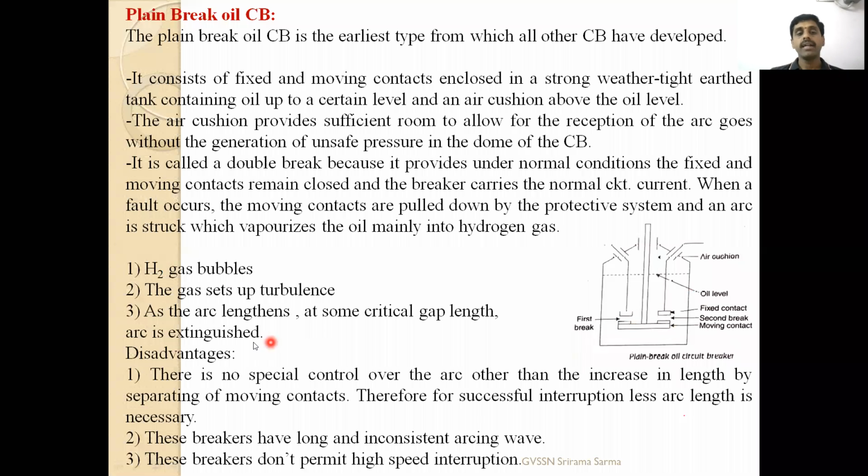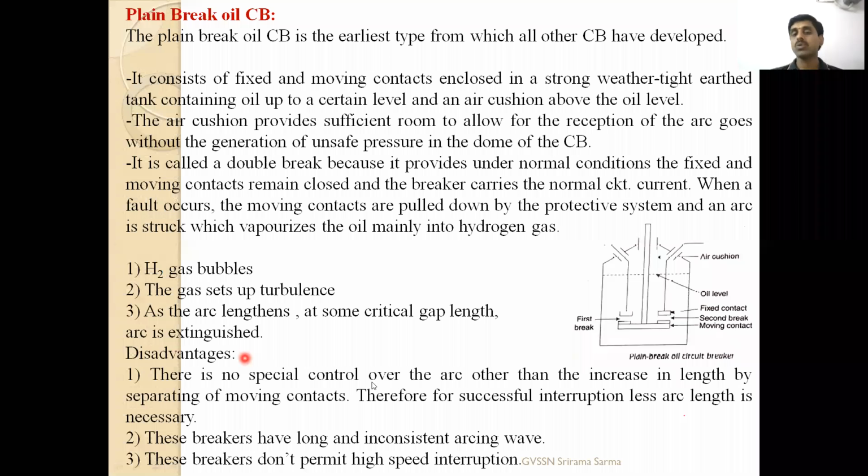As the contact moves, the arc path increases and the gap increases. Intentionally the gap is increased so that the arc is lengthened, the arc path resistance is increased, and the arc can be quickly cleared. That is the process involved.